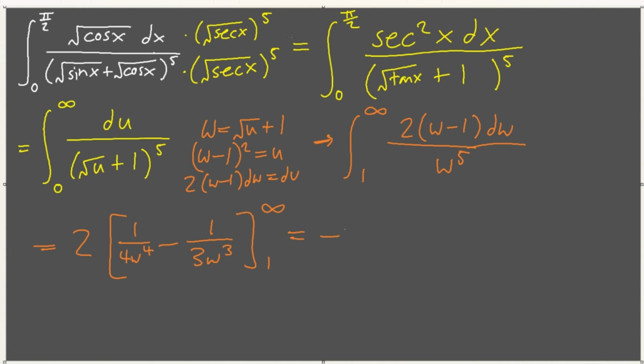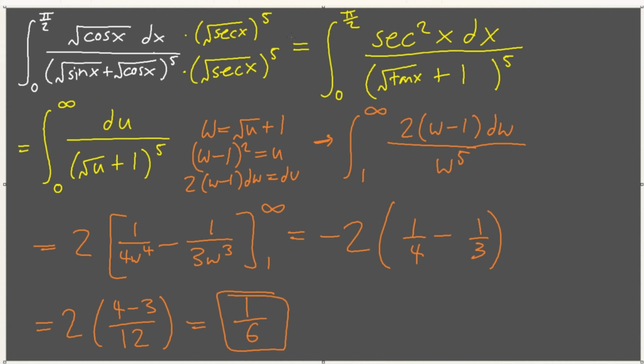So we get negative 2 times, plug in 1, 1/4 minus 1/3. This gives us 2 times 1/3 minus 1/4, or 4 minus 3 technically, because we cancel out the negative, and we end up with 1/6. That is the elementary solution. In fact, I would say this is the fastest method, in my opinion.